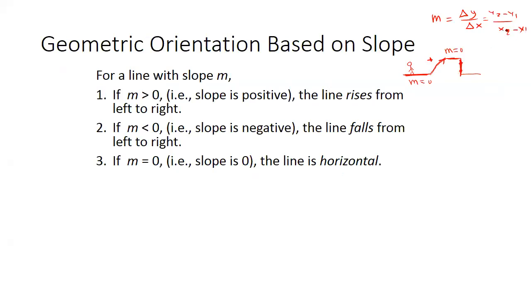So it means what? The number at the bottom of the fraction would be 0, something over 0. What is something over 0? Can you divide by 0? What do we get? Undefined. So the slope of a vertical line is undefined because they have the same x value.